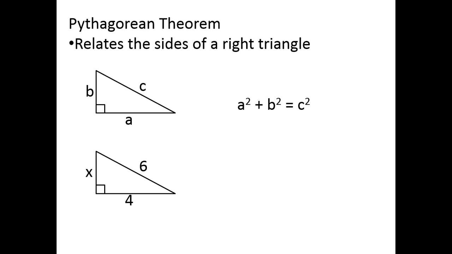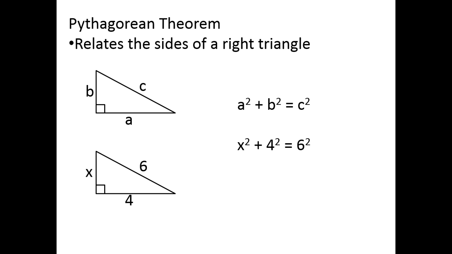Now we can use that to find a length of any side of a right triangle if we know the other two sides. So in this right triangle, we know the hypotenuse, we know one of the legs, but we don't know the length of the third leg.